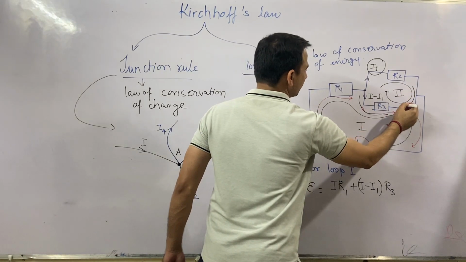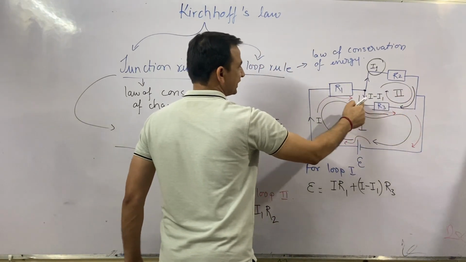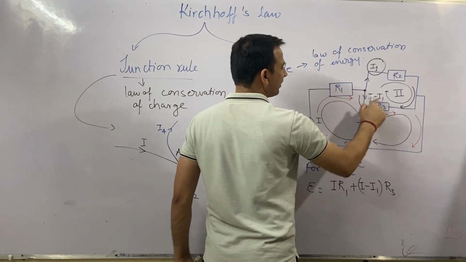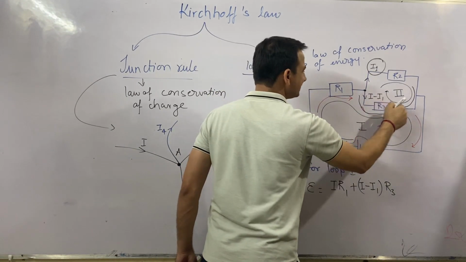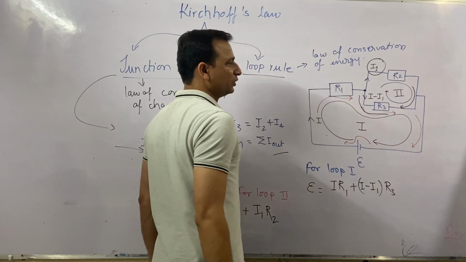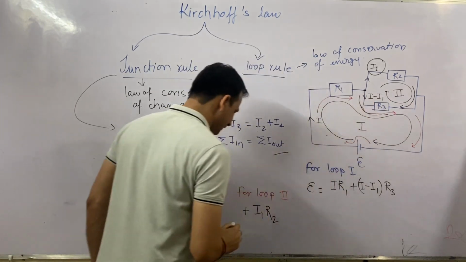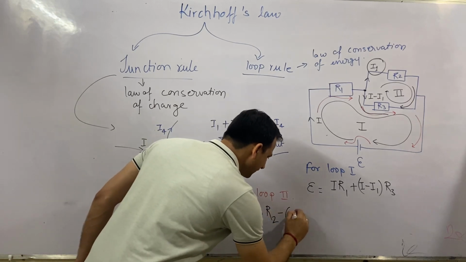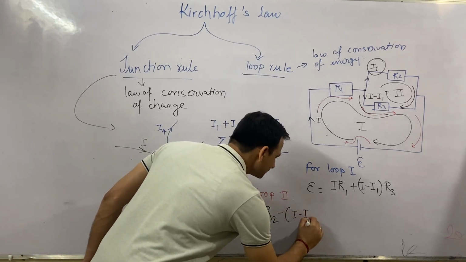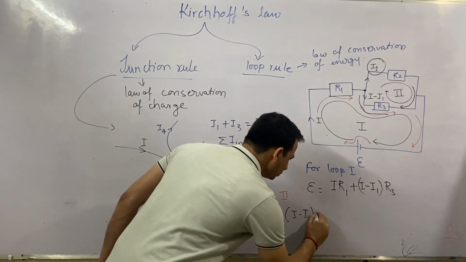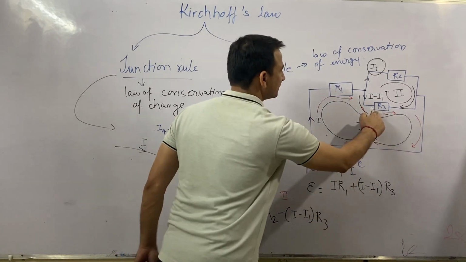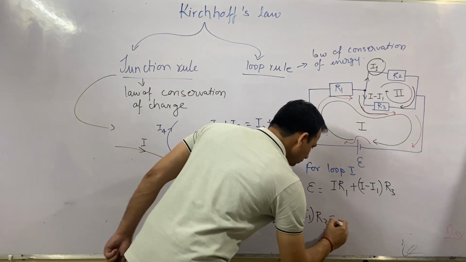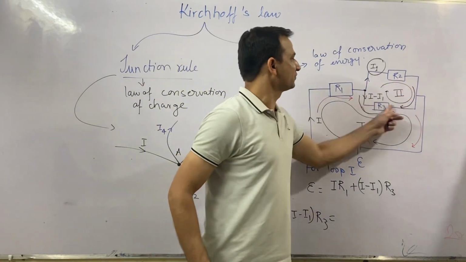Now if we trace this loop, we will find that this current I minus I1 is against the direction of the loop. So we will take this one as negative. So I1 R2 minus (I minus I1) times R3 is equal to the potential difference within this loop.